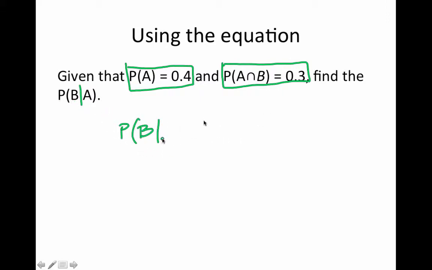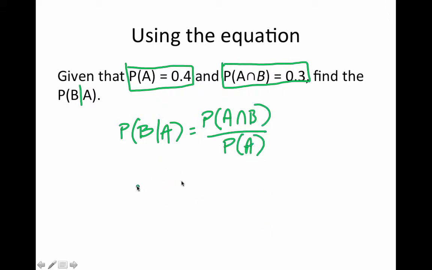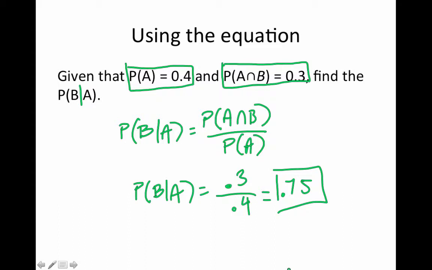So again, the formula is the probability of A and B divided by the probability of A. We just plug in what we know, which would be 0.3 divided by 0.4, and 0.3 divided by 0.4 simplifies to 0.75.